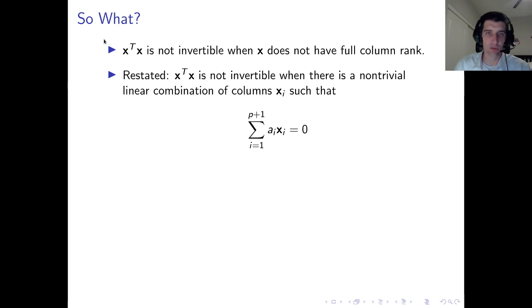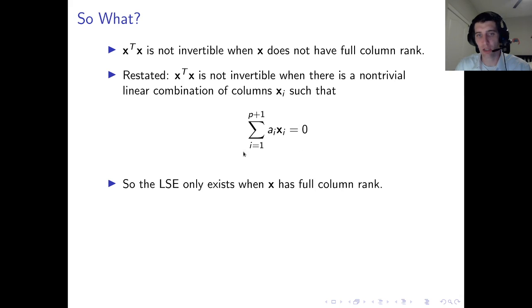Let's combine this into a couple of facts. So we know that X transpose X, as we discussed a couple of slides ago, is not invertible when X does not have full column rank. This is rewritten in the linear combination form: it's not invertible when we can find a non-trivial linear combination of the columns, and by non-trivial I mean that these a_i cannot all be equal to 0, such that when you sum up the columns, you get the 0 vector.